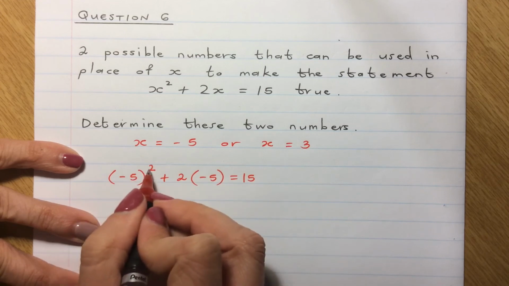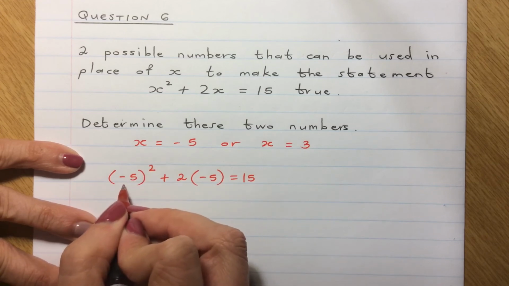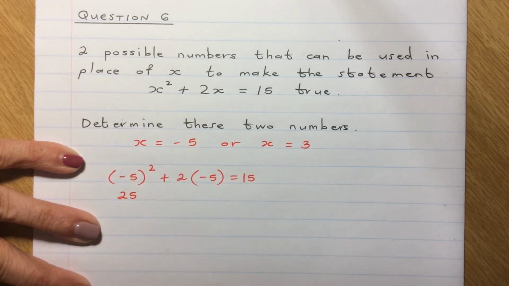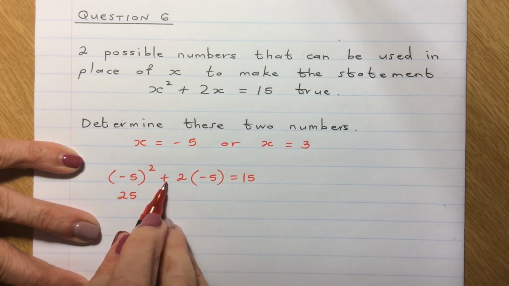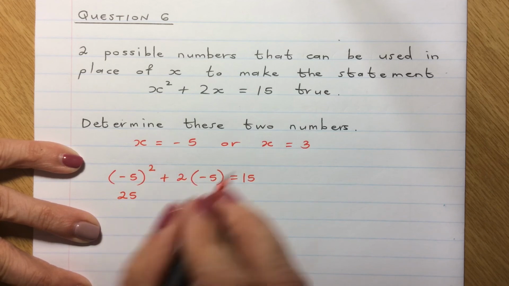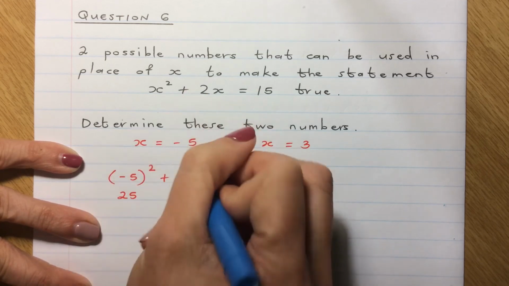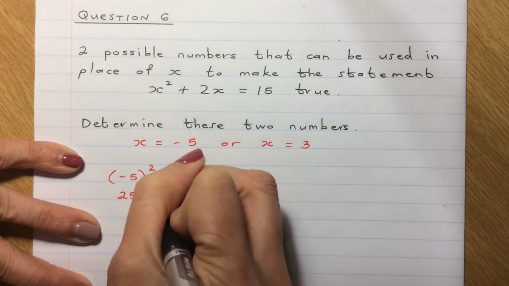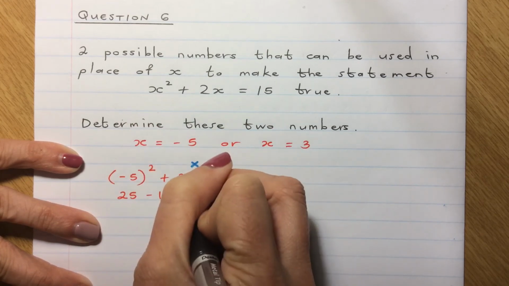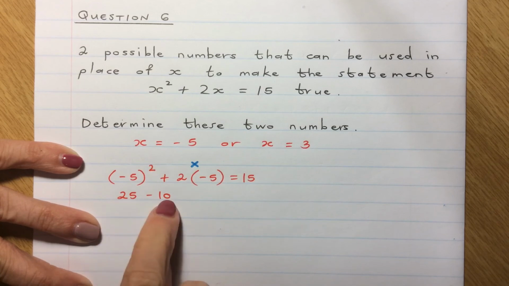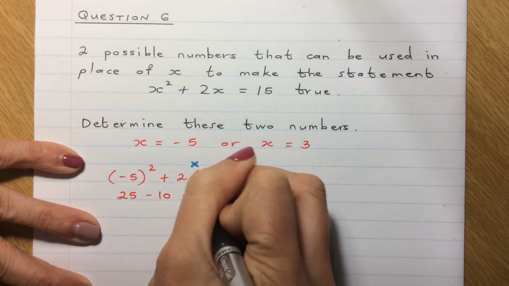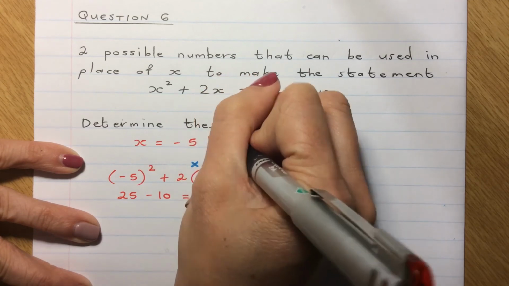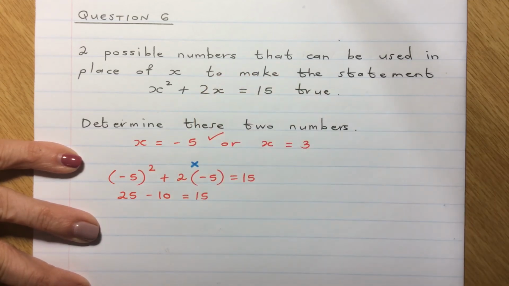So -5 squared is actually -5 times -5, which gives me a positive answer. Then I've got positive 2 multiplied, because I've got the brackets there, by -5, which is actually a -10. It's a negative answer. And does 25 minus 10 give me 15? Yes, it does. Okay, so that's why -5 was your one correct answer.